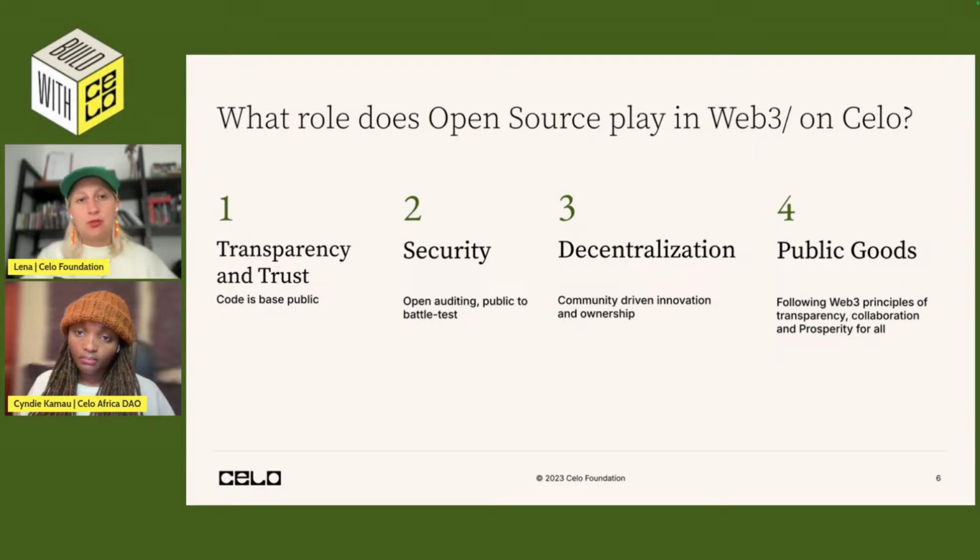What role does open source play specifically in Web3 and on Celo? Again, everything that was mentioned above, obviously, but I think one of the main things is transparency and trust. As you know, most blockchains that we interact with are public.